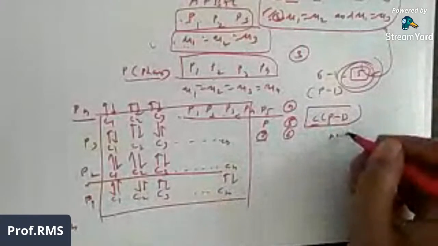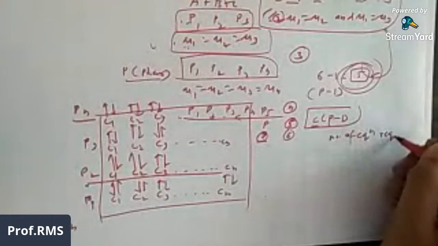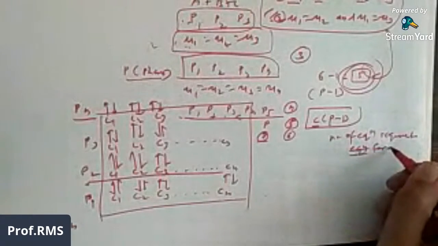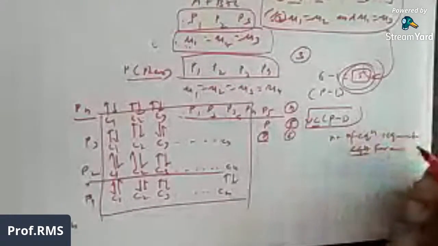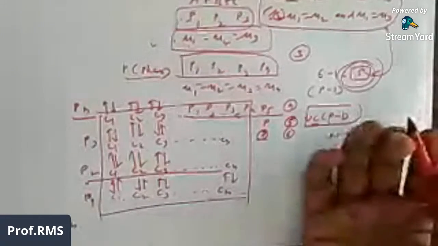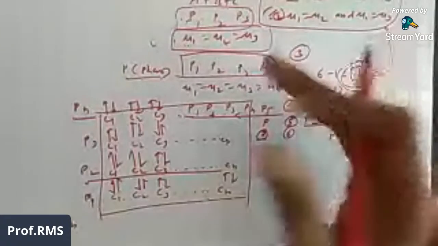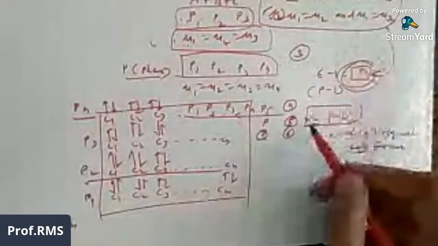You can say it is the number of equations required for equilibrium for each phase. So what is c into p minus 1? The number of equations required for each phase for any component, for any system. Or you can say that c into p minus 1 is the number of relations between the variables.